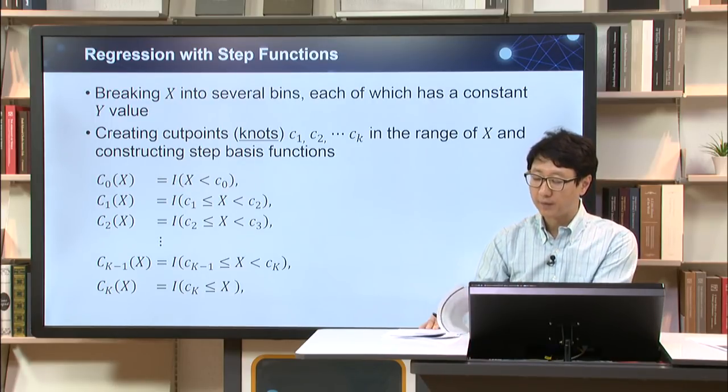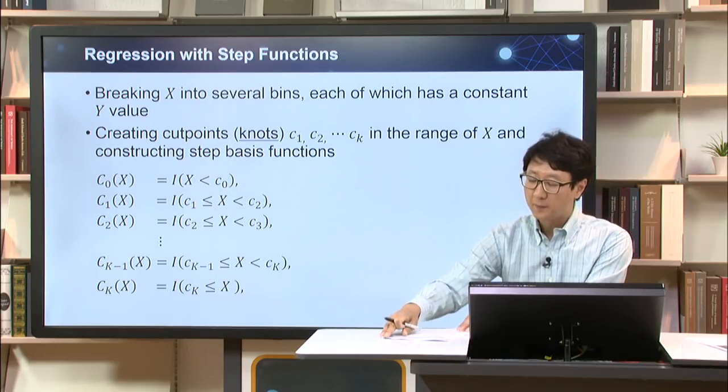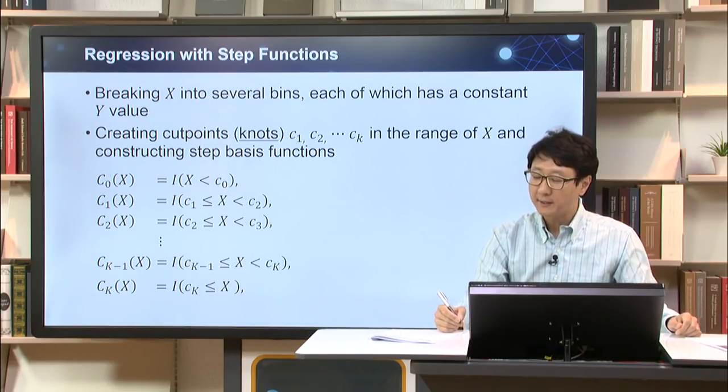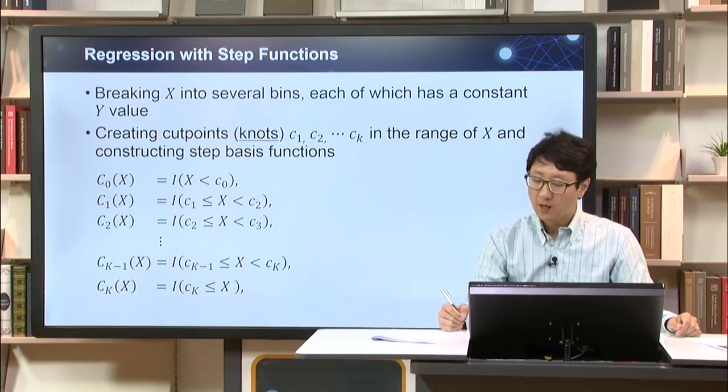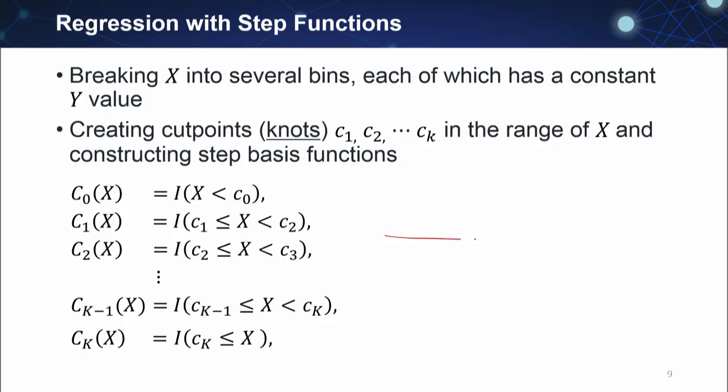Okay, then let's move to a bit different approach, regression with step functions. The basic idea is breaking the whole region of x. Let's say this is the whole region of x from minus infinity to infinity. Break this x into several bins or intervals using some cut points.